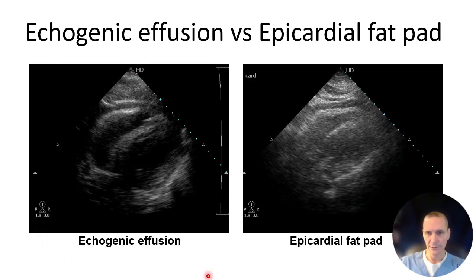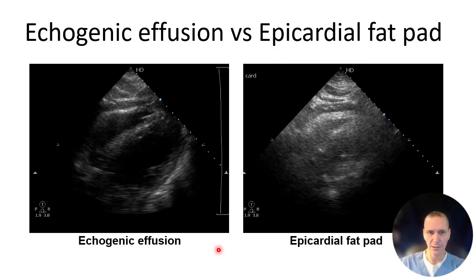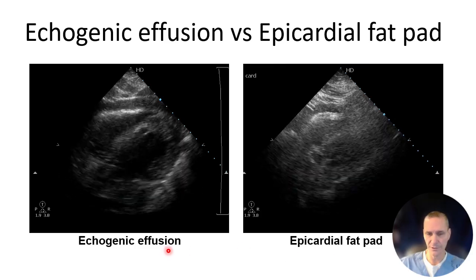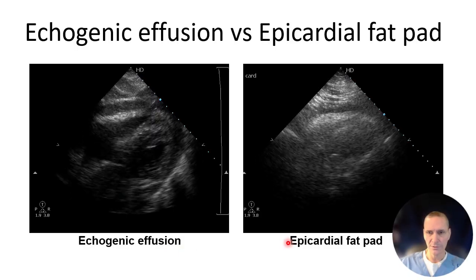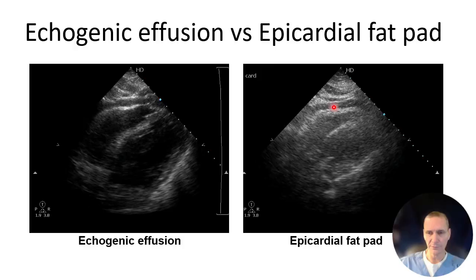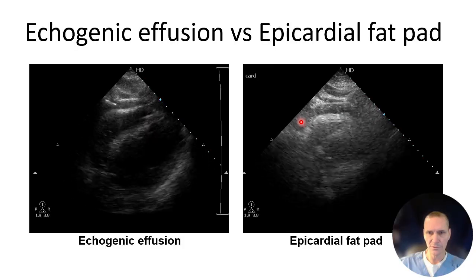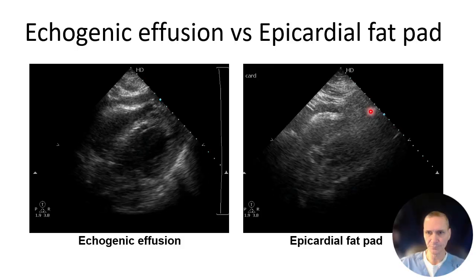I want to highlight the difference here between an epicardial fat pad and effusion or potentially hemopericardium. So notice on an epicardial fat pad, this is fat tissue that's on the heart.